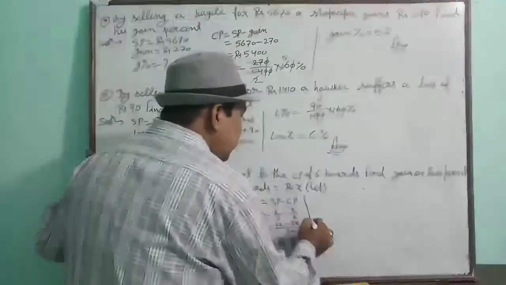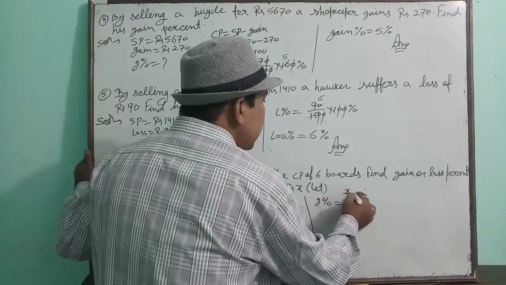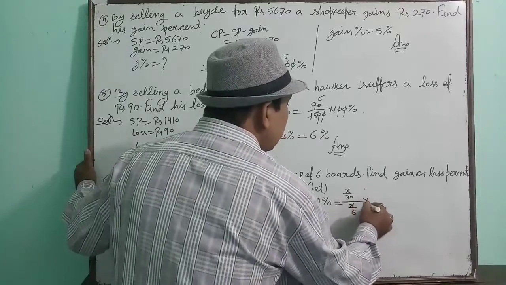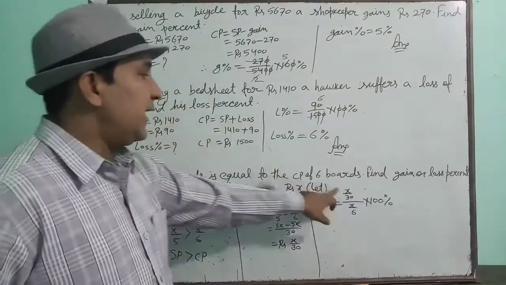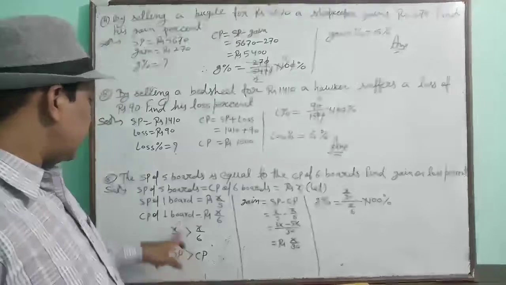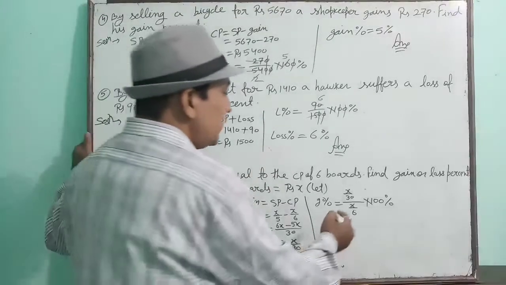Then what will be the gain percent, children? Gain percent is equal to gain upon CP multiplied by 100%. Gain upon cost price multiplied by 100%. Okay, cost price of 1 board is X by 6. Now solve and get your answer.